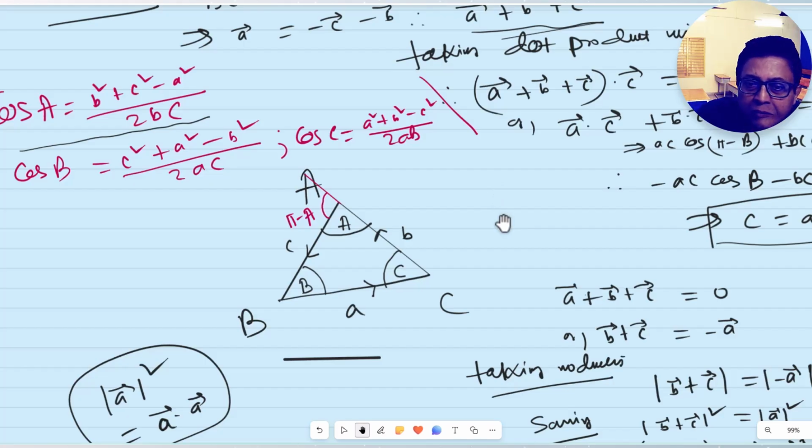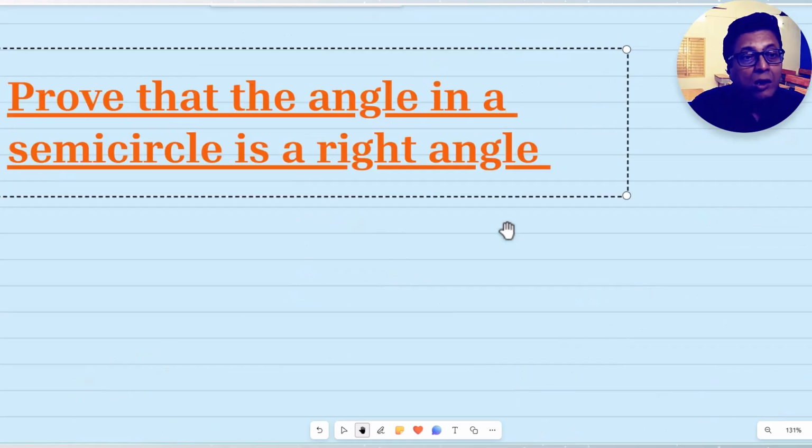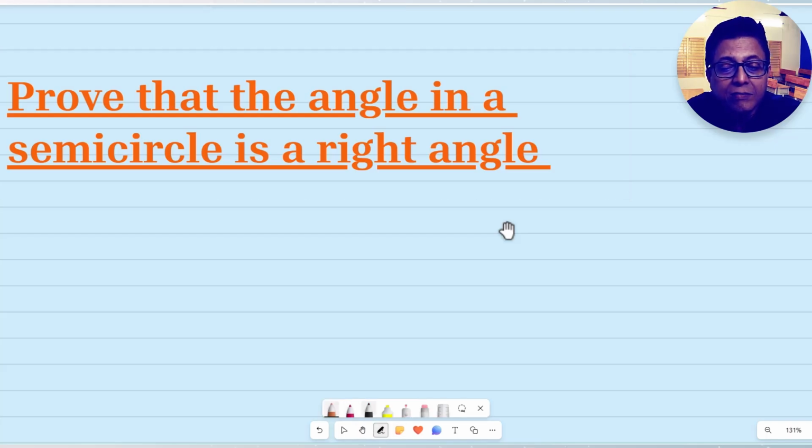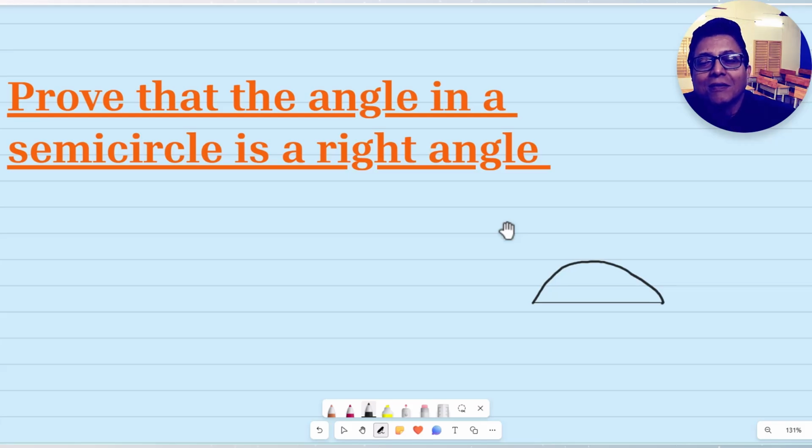Okay? Now we'll find one very simple application in geometry. How to prove that the angle in a semicircle is a right angle. Very good application of dot product. Semicircle we take here. I think I need not explain angle in a semicircle.